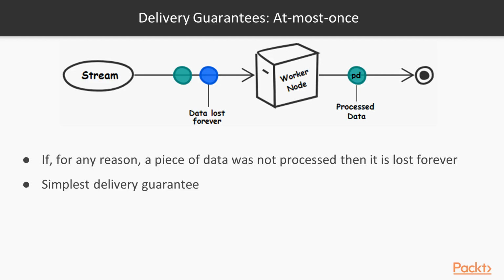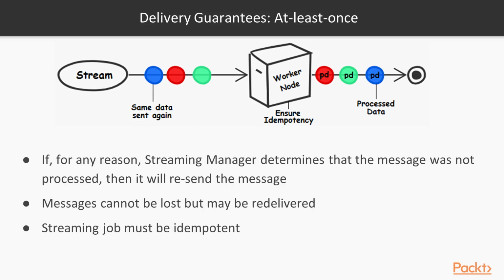We start with the delivery guarantees feature. First, at most once. If for any reason a message was not processed by the worker node, then it is lost forever. This is the simplest delivery guarantee. At least once. If for any reason the streaming manager concludes that the message was not processed, then it will resend the message.